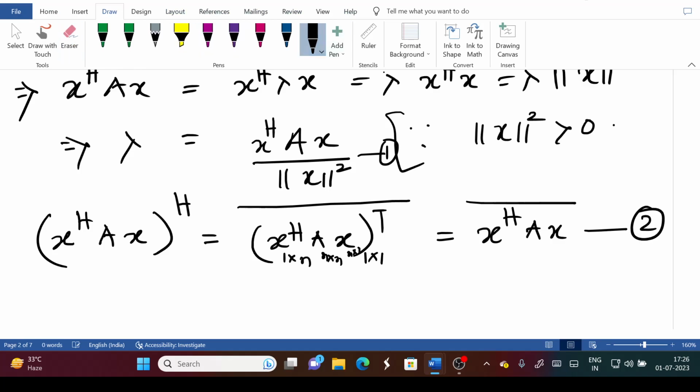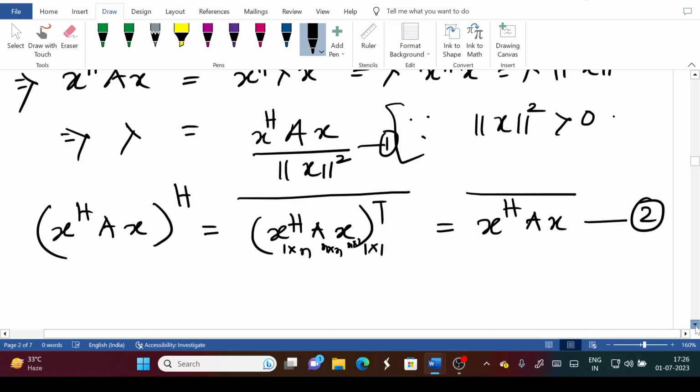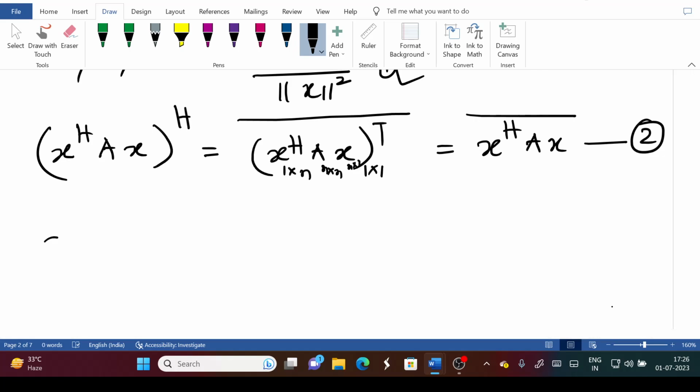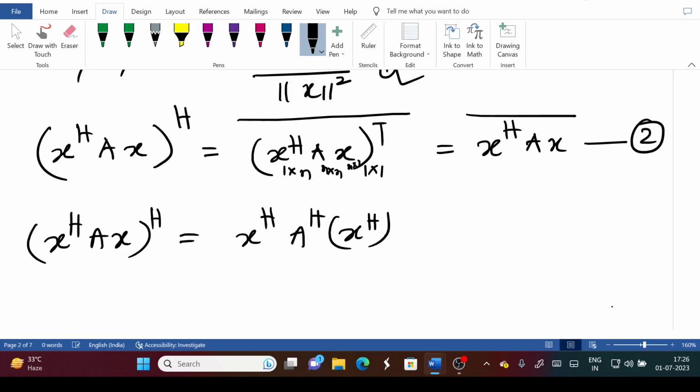Now let us find the other part: (x^H A x) whole H. Let us apply the Hermitian property. That is equal to x^H A^H x^HH, which is x^H A x.